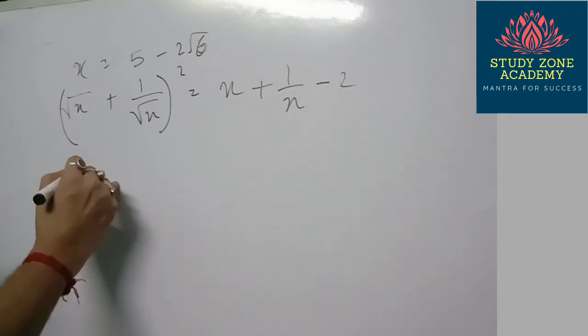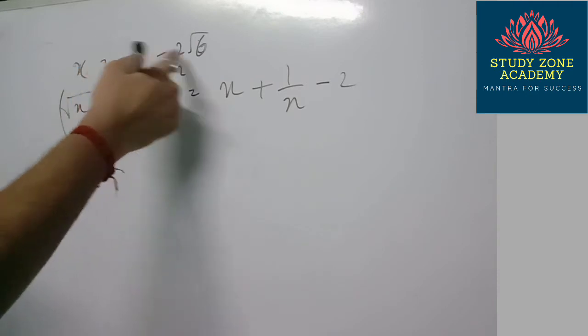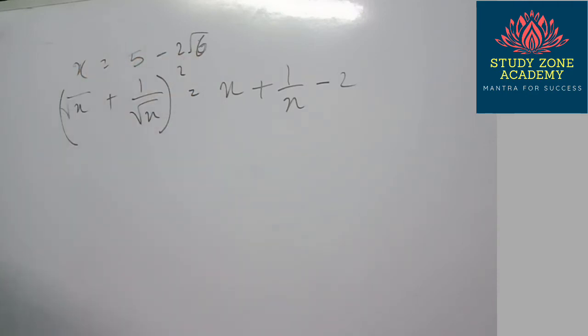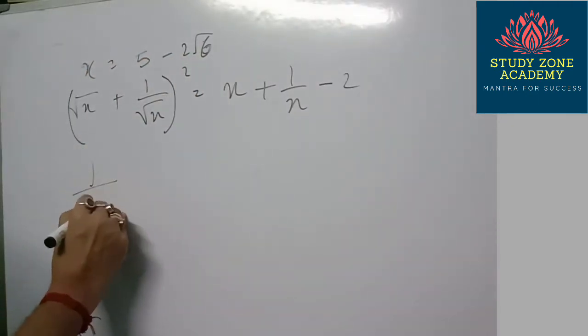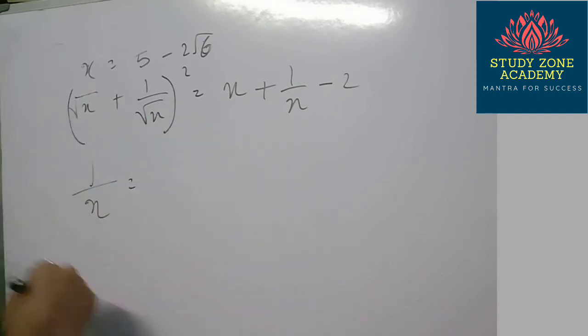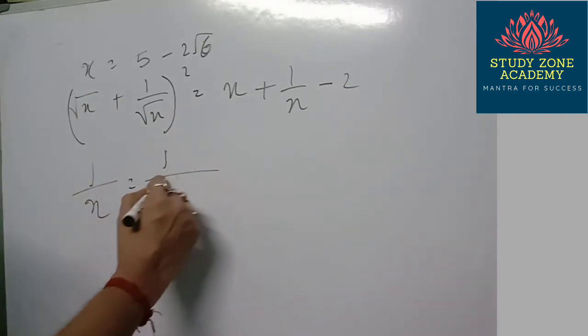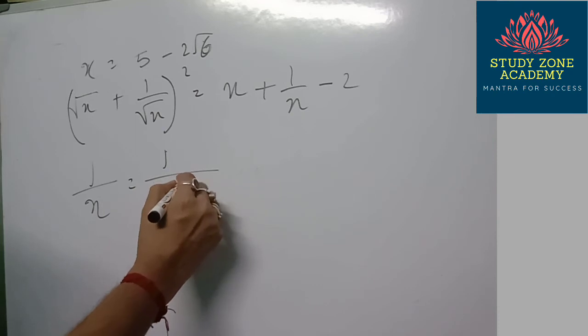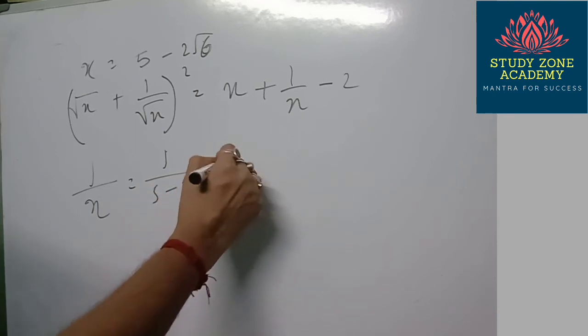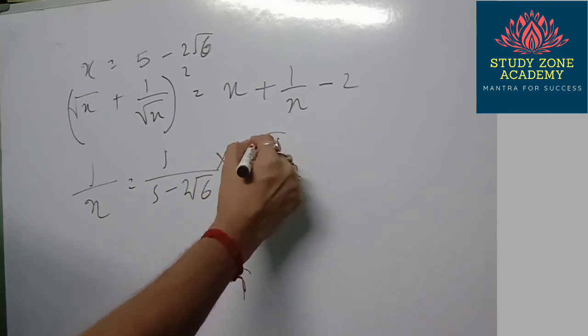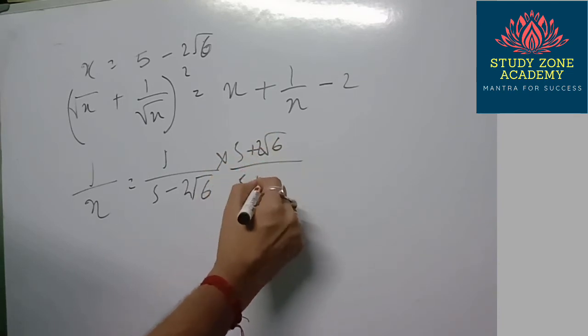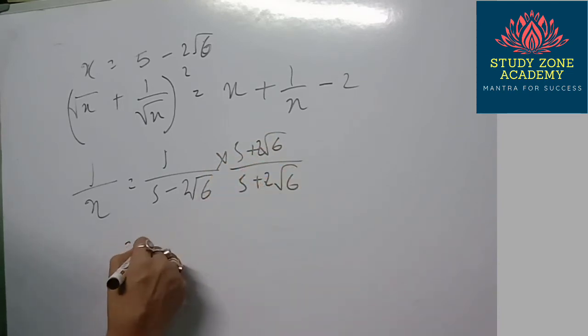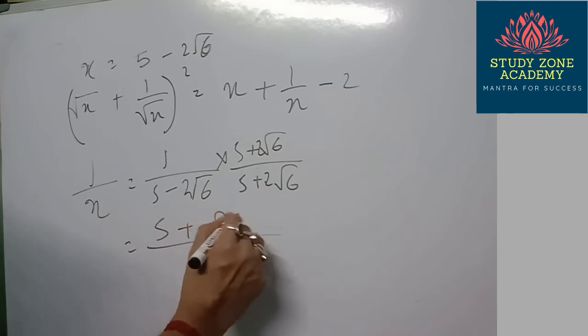We have this value, that is 5 minus 2 root 6. So let us get the value of 1 by x. Let us do that separately. It will become 1 by 5 minus 2 root 6. Rationalize it with 5 plus 2 root 6. What are we getting?